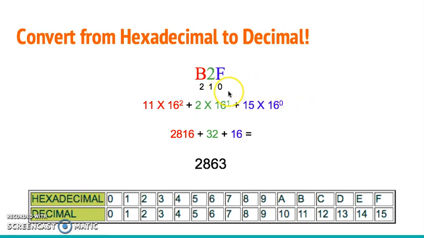Now we can complete the same process for the digit in the 1 spot and the digit in the 2 spot, where 2 represents a 2 and B represents an 11. Now, if we simplify this equation, we'll get a simple addition problem, which will give us our answer in decimal notation. So now, in just a few steps, you've converted from a hexadecimal number to a decimal number.